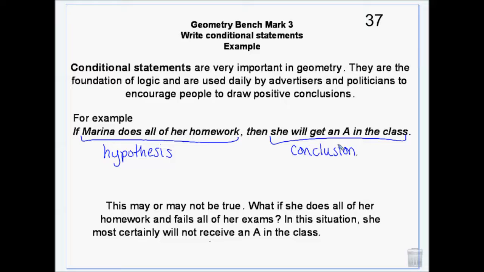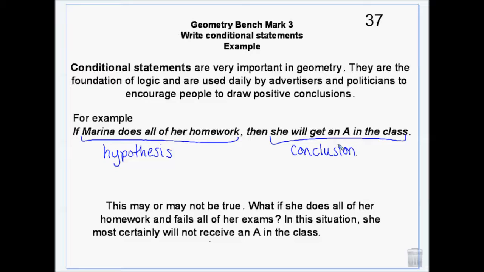Is it true? Well, what if she did all her homework and she failed? So the hypothesis is true, she does all her homework, but then she doesn't get an A in the class. I guess she didn't even have to fail. What if she does all her homework, but then she gets a B in the class?